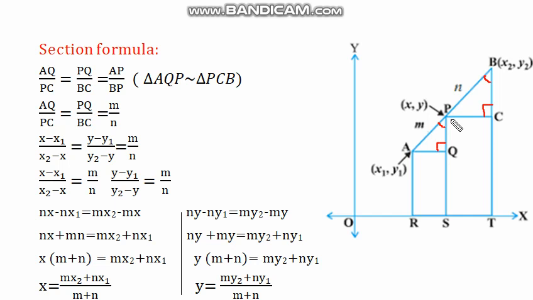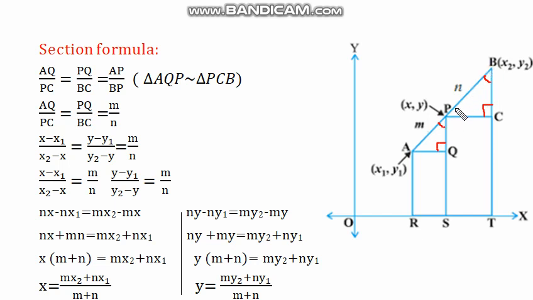So already we studied this in ninth standard, in the transversal concept. See here, the line PQ is parallel to line BC, and the transversal here is BP. So these two angles are corresponding angles, and these two angles are equal.